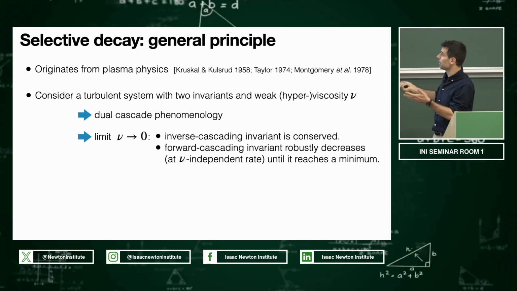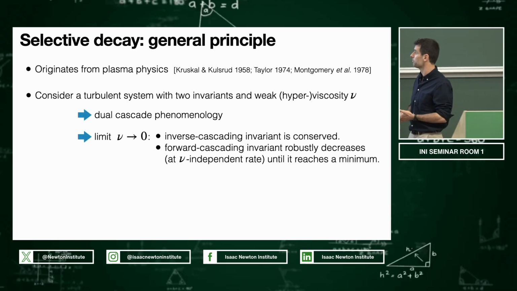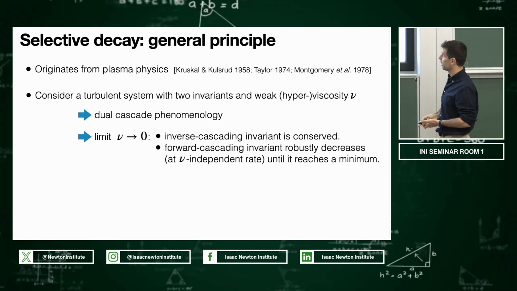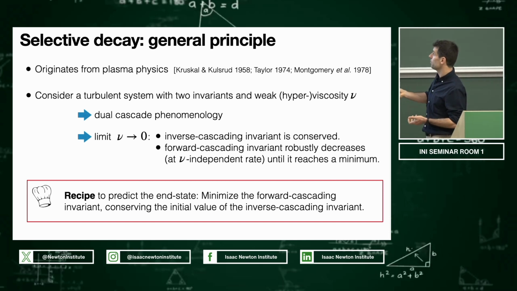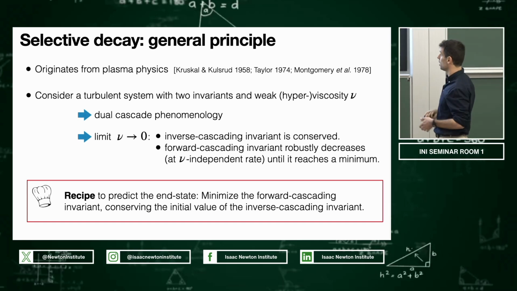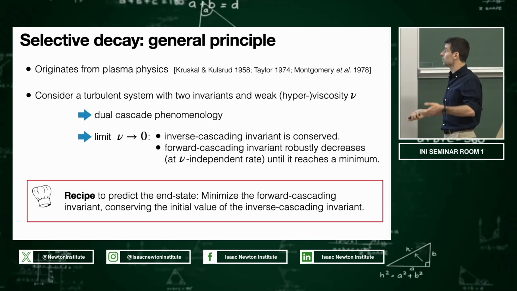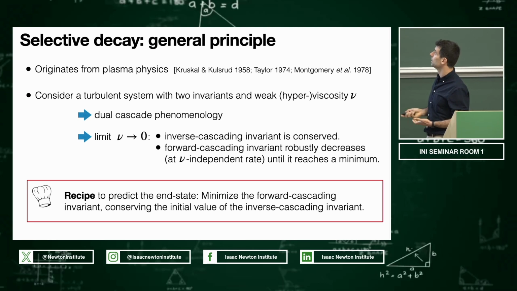Okay, something like the 0th law of turbulence or anomalous dissipation. Okay, so the selective decay recipe, then, it's fairly simple. It's telling you that then you should minimize the forward cascading invariant while conserving the initial value of the inverse cascading invariant, right? So that's one recipe, which could end up being a large-scale organizing principle.